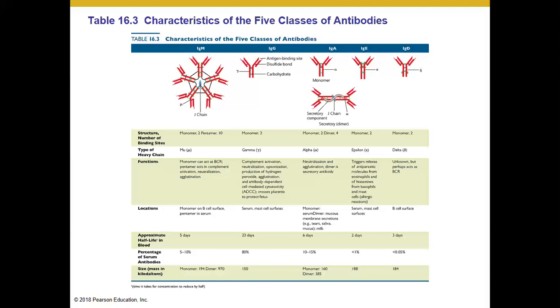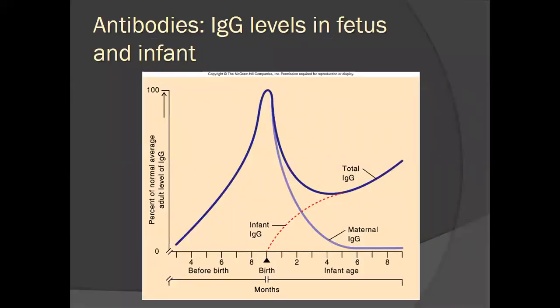And here you can also see half-life, again, IgG having the longest half-life of the bunch. Okay. So kind of a good summary to put those side by side and say, here are some of the differences and similarities. All right. This is just a diagram that I love because yes, ma'am.